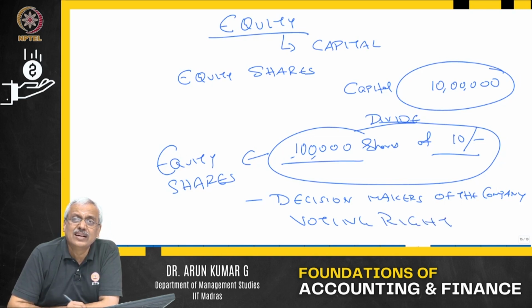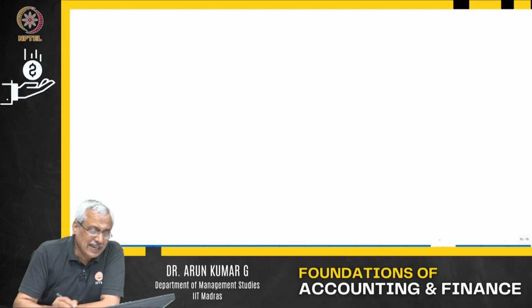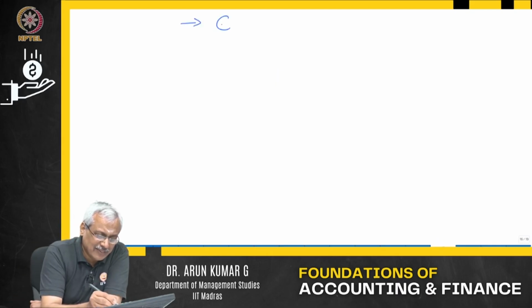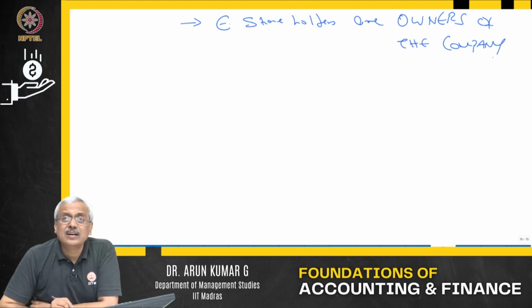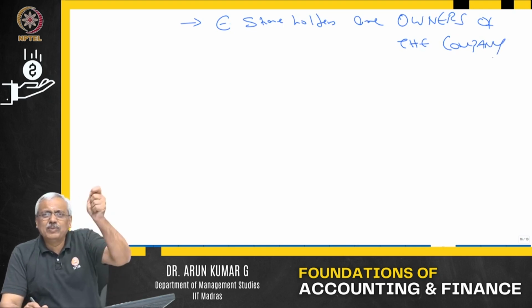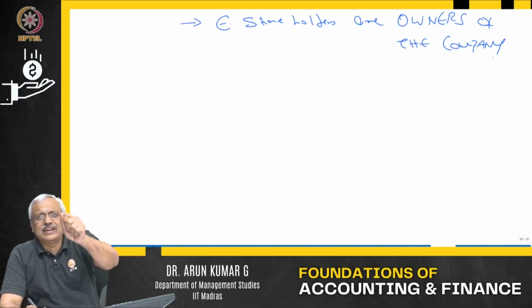They decide what the company should do, what it should not do, and so on. Equity shareholders are owners of the company. So I own one equity share. Do you mean to say I am owner of the company? Yes, you are an owner in the company to the extent of one equity share that you are holding.